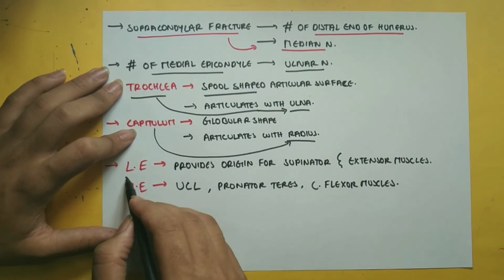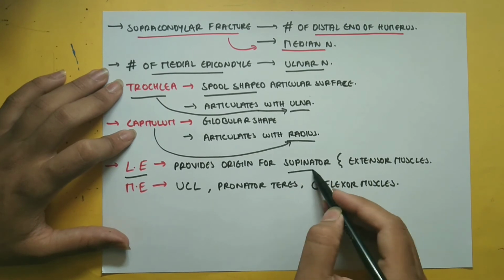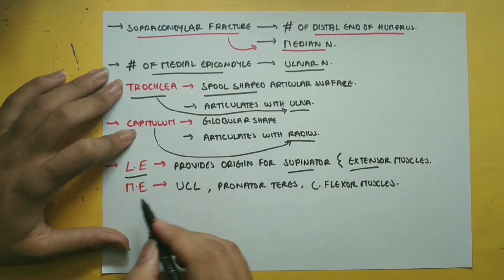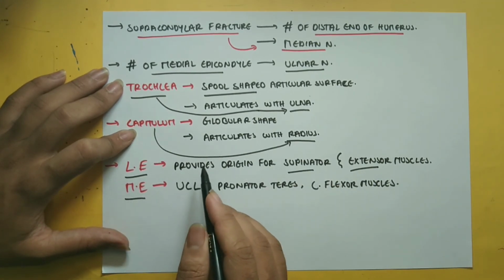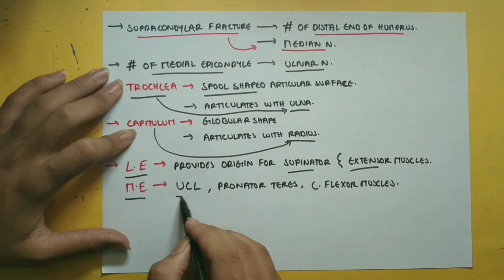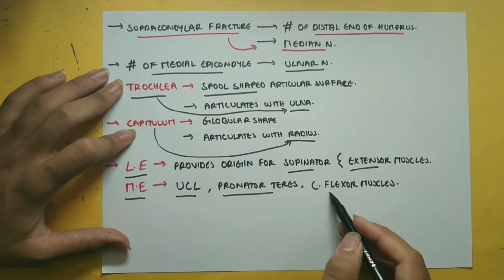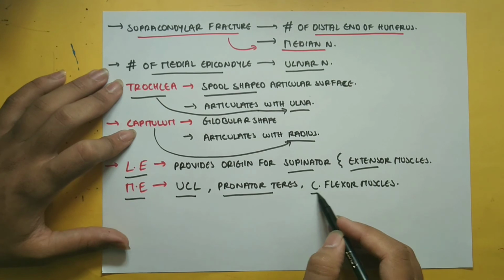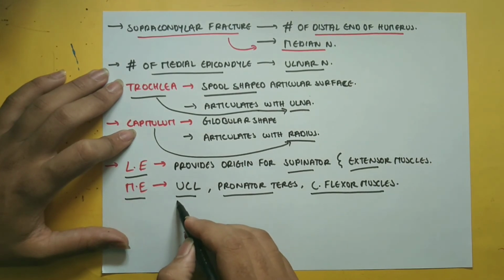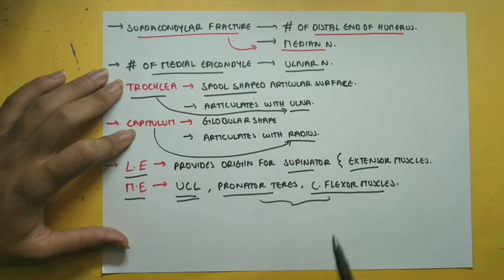The lateral epicondyle provides the origin for the supinator and extensor muscles. And what does the medial epicondyle do? It provides the origin for ulnar collateral ligament, pronator teres, and common flexor muscles. This is the ligament and these two are the muscles.